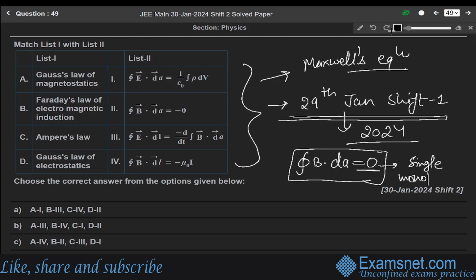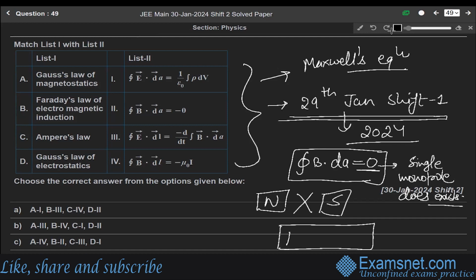There will always be a dipole, no monopole, meaning a single north pole or single south pole does not exist. They always exist in a pair, as a bar magnet always has a north pole along with its south pole.